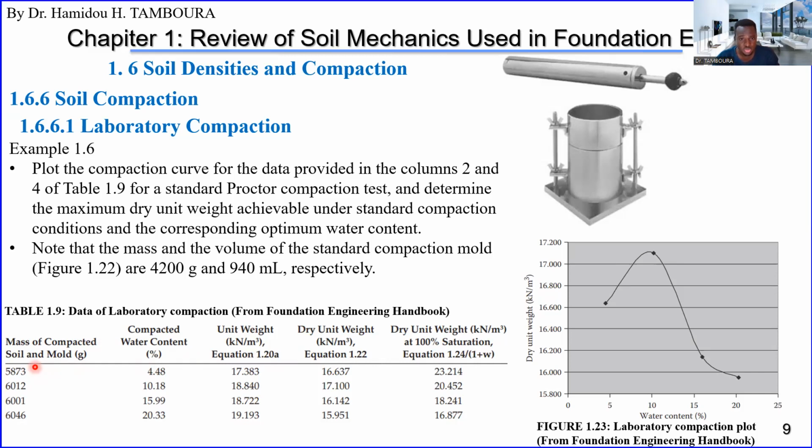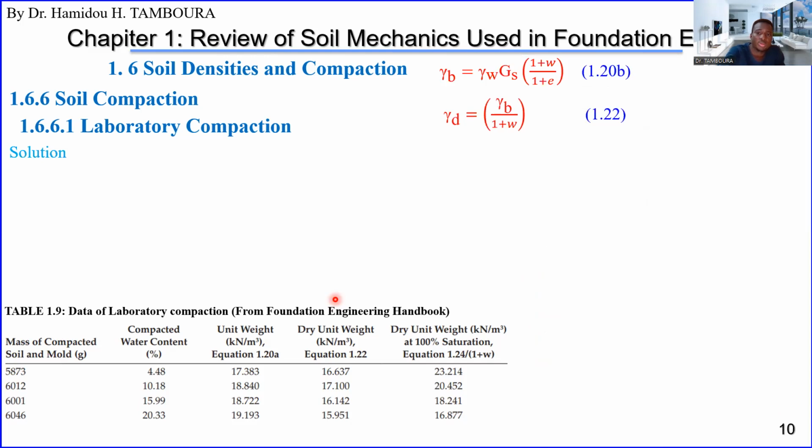Then you convert from Newton to kilonewton. The weight is then divided by the volume to obtain the unit weight. I think you can do that. By using these two formulas, you can obtain the dry unit weight.